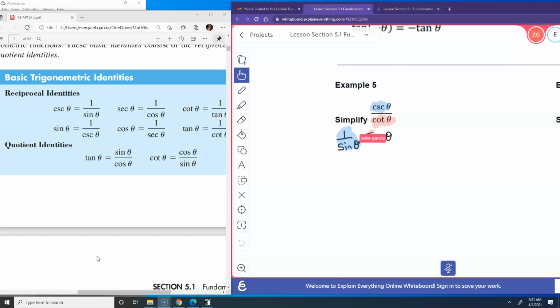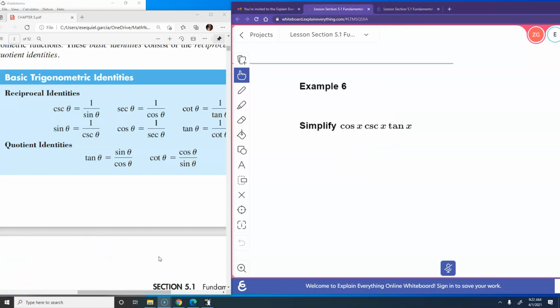So what we have here is 1 over sine theta. Tangent theta is the same thing as saying, and look at your trig identities, sine theta over cosine theta. You notice that the sine theta and this sine theta become 1. So you have 1 over cosine theta, which is equal to secant theta. So I've simplified it.